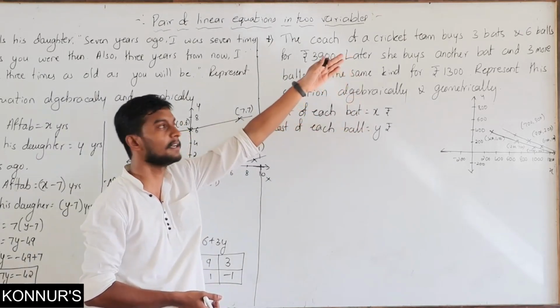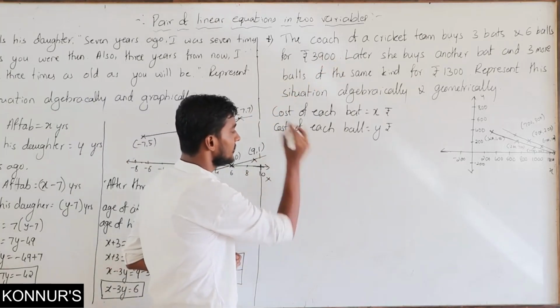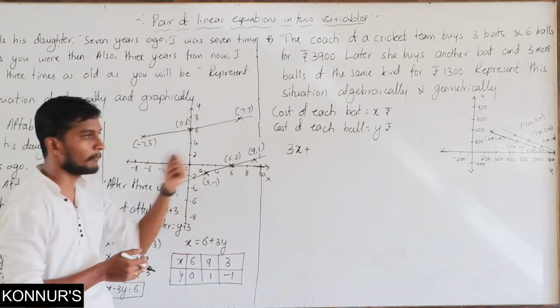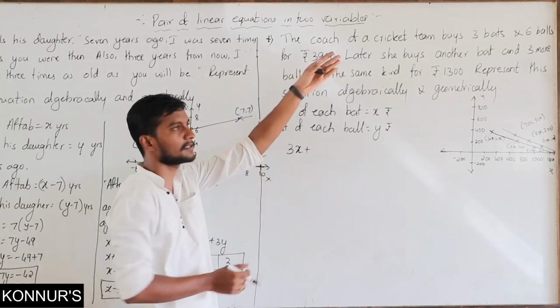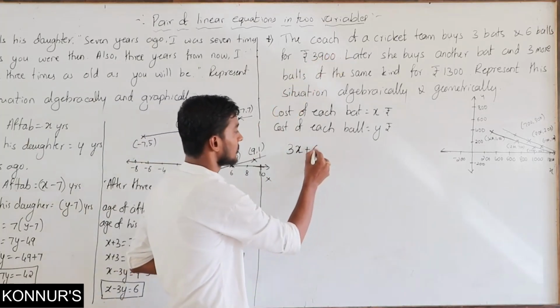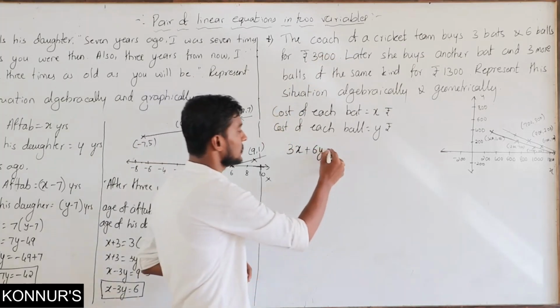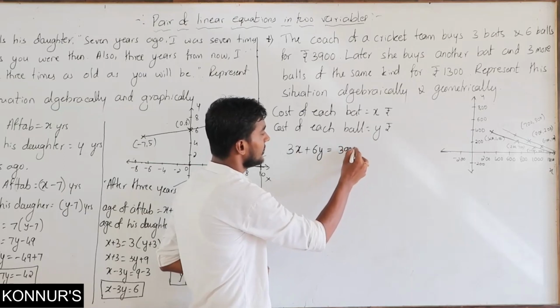How many bats did she purchase? 3 bats, so 3 into x. Plus, because it is an amount, the total amount means we have to add. 3x plus, how many balls? 6 balls, so 6y, as the cost of each ball is y rupees. That is equal to the total amount, 3,900 rupees.